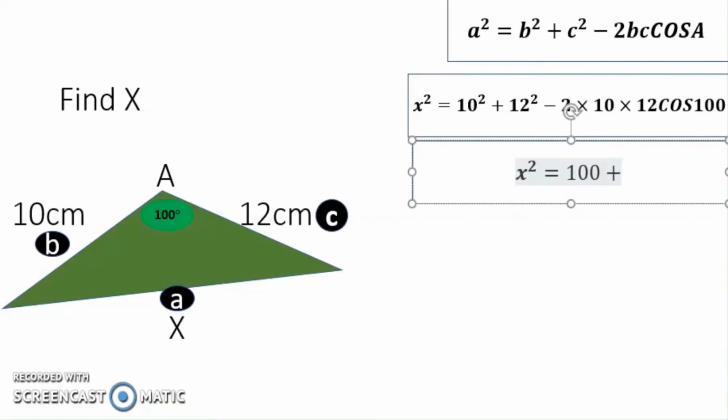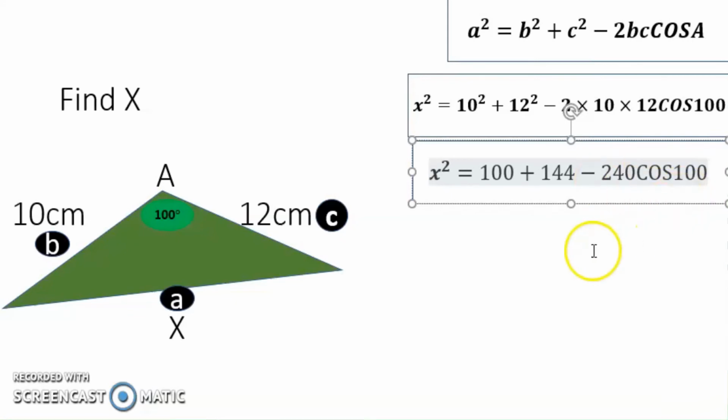Plus 12 squared to be 144, minus 2 times 10 times 12, which is 240 cos 100. Now, we are going to simplify this further.